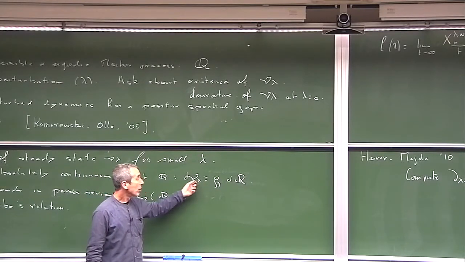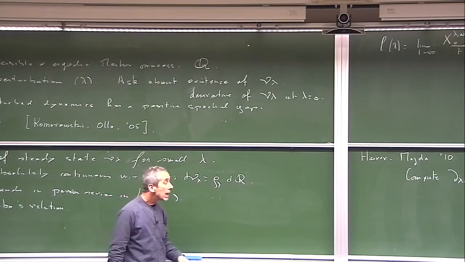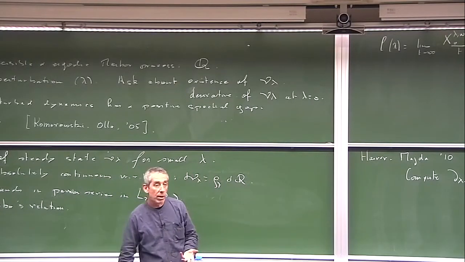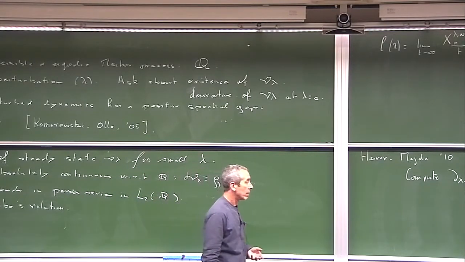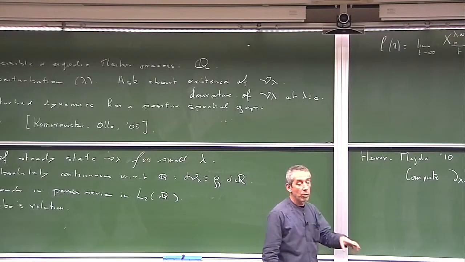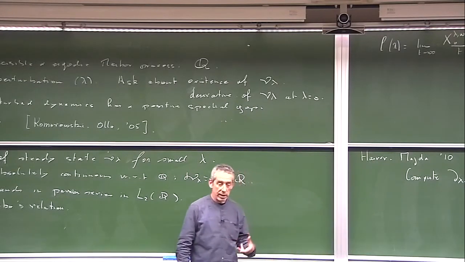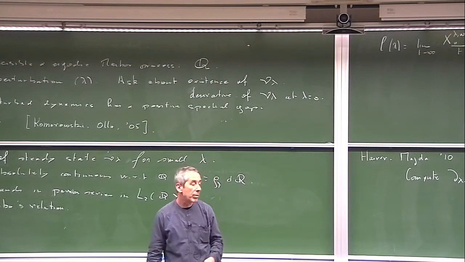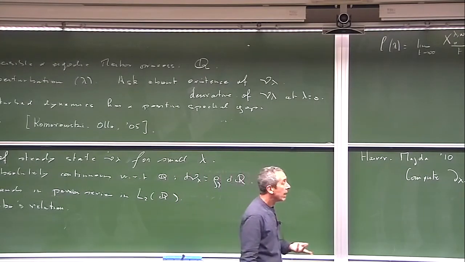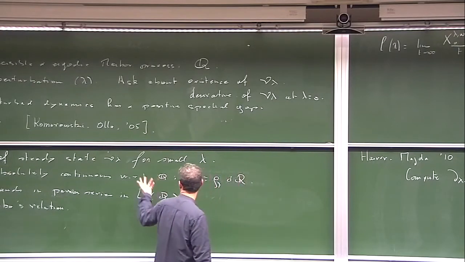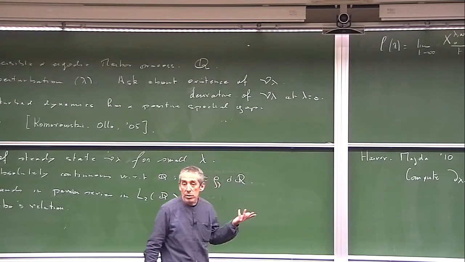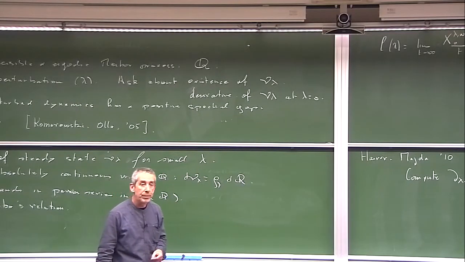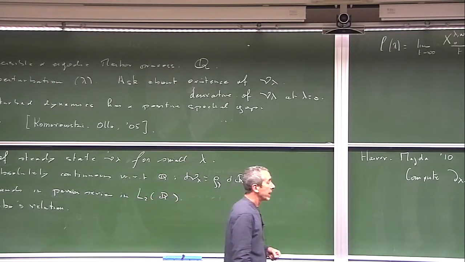You want to compute nu lambda, but you don't know how to do it. So the only thing you can do is measure things here and now. Therefore, you want to know what to measure today, in the present situation, in order to guess what will happen later. And when you do that, what people do is they use Kubo's relation or some version of it in order to make guesses.